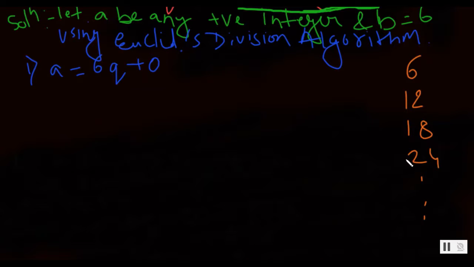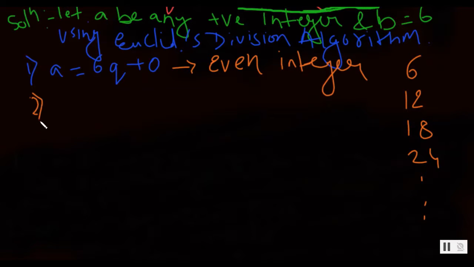So it will always give a positive integer. So anything multiplied with 6 will always give a positive number, and hence A will result in an even integer. Likewise, we will do for the rest of the values.